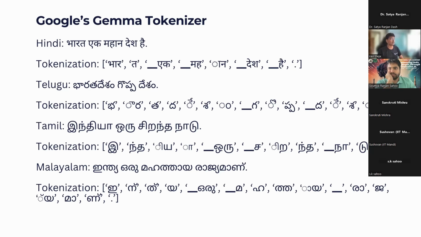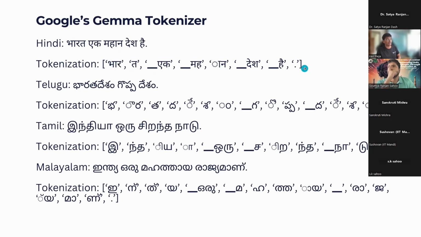So going with the Gemma tokenizer that we have been discussing. Here, if you can see for Hindi, like Bharat Ek Mahan Desh, Ba is not one token, and A is not one token, but two letters were combined and made into a token.